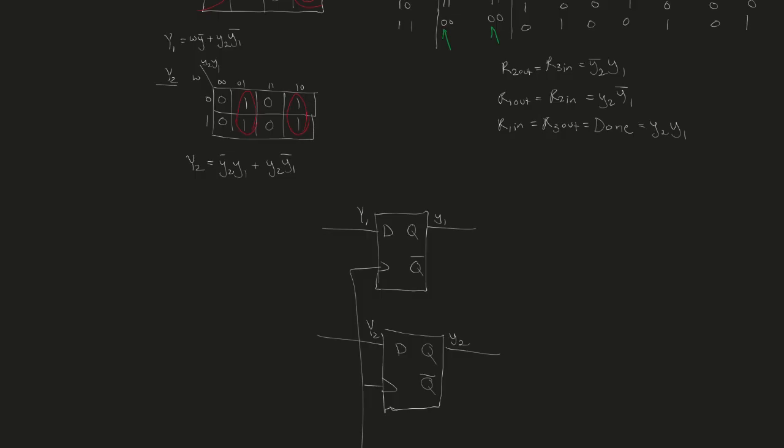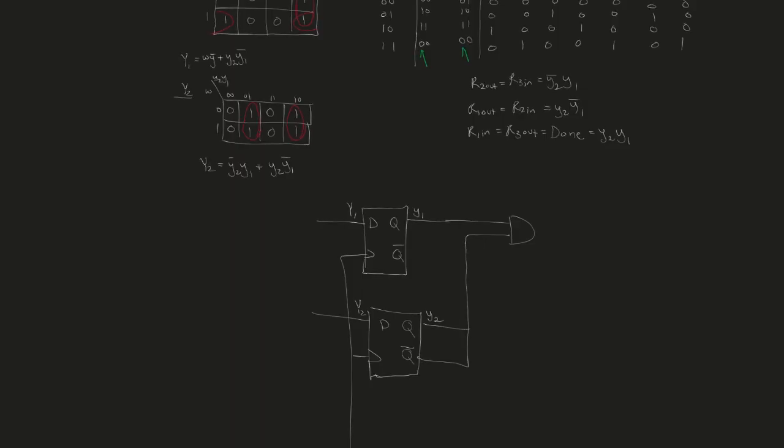We can do our outputs actually. So we can connect y1 here and the NOT of y2, use the AND gate, and the output here will be, hold on, let me, r2 out and r3 in.